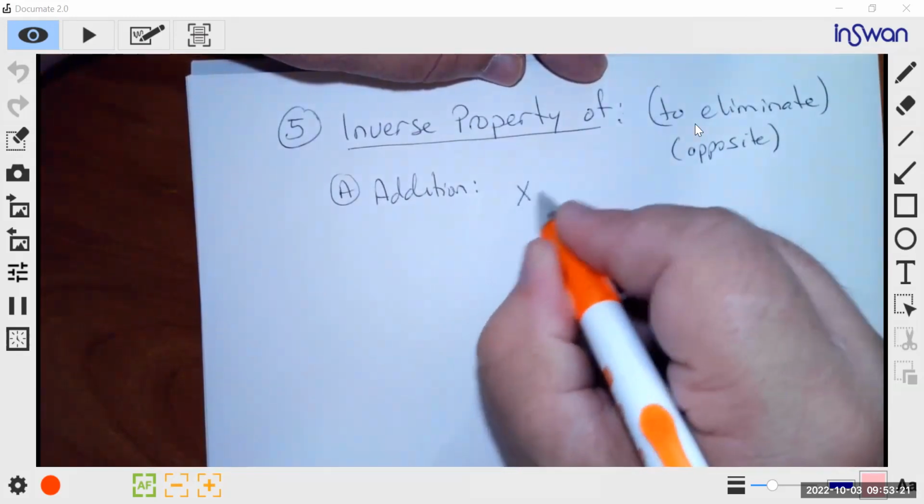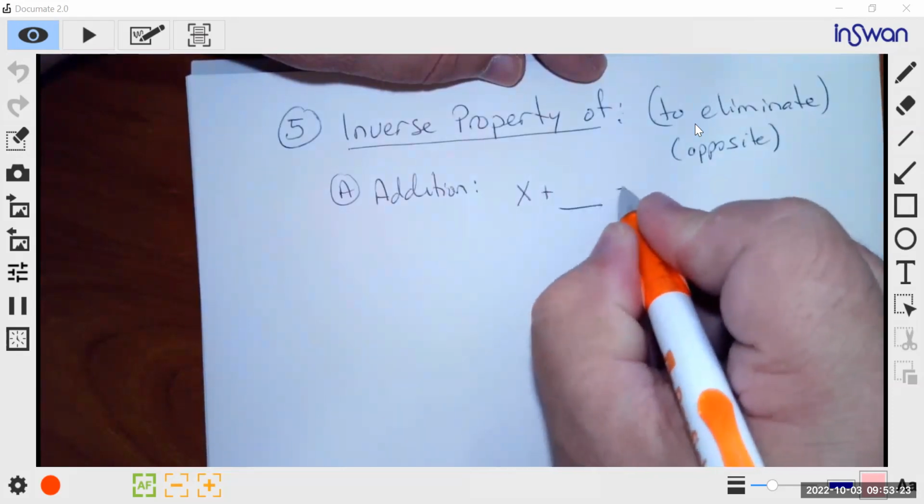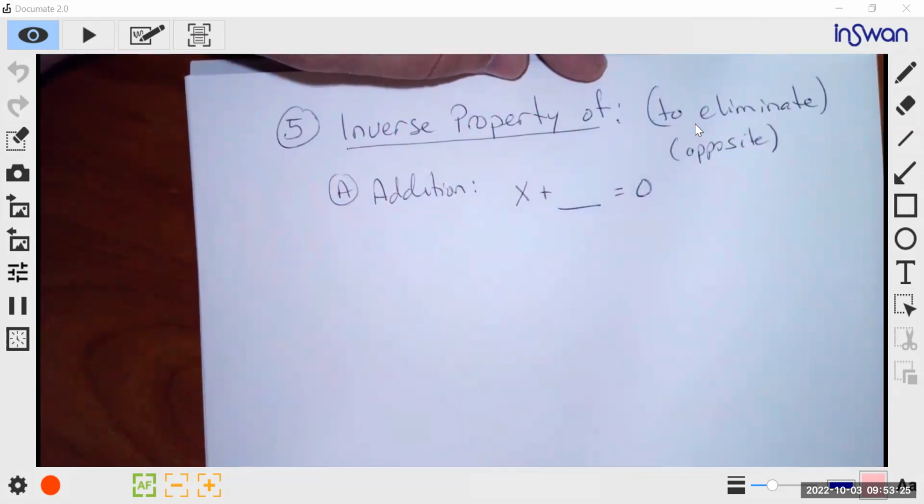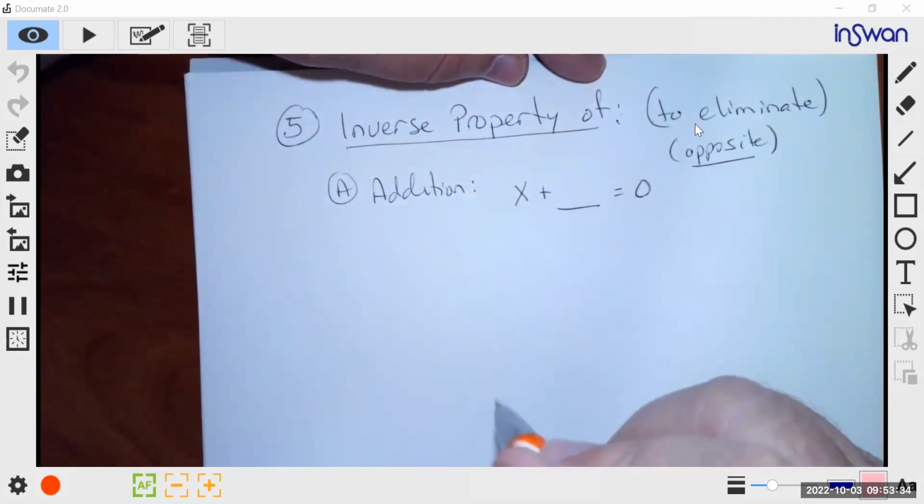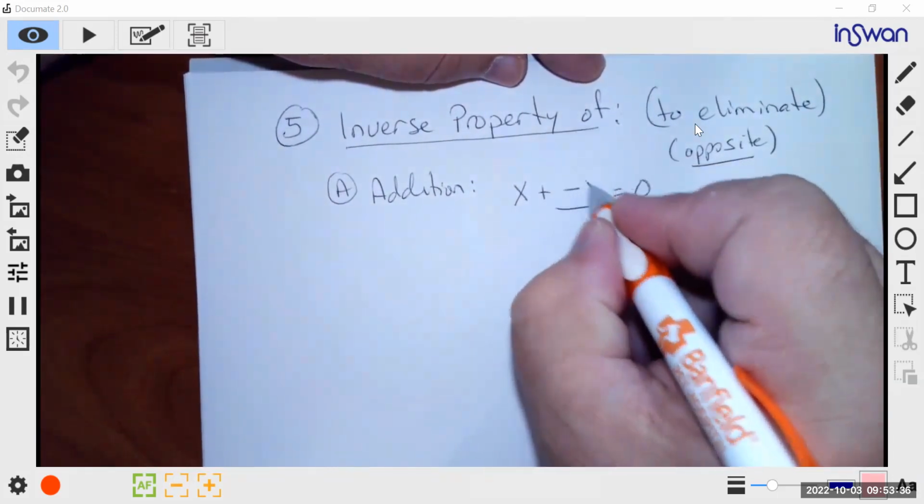So we're trying to get rid of it. So x plus what gives me 0? What's the opposite of x? Negative x.